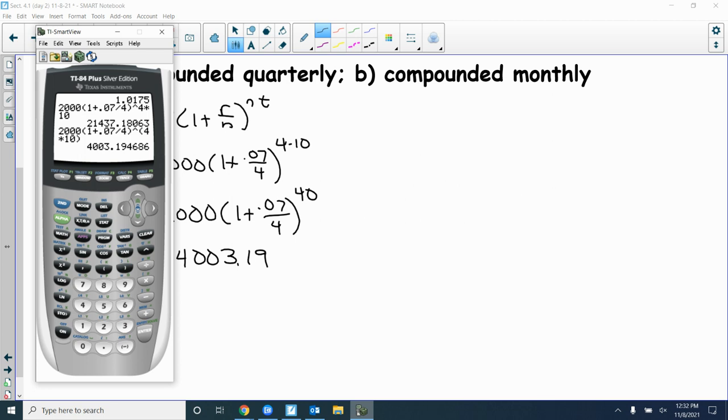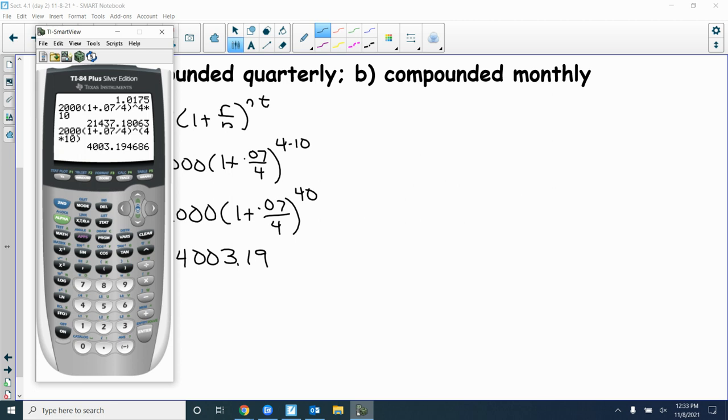So just be careful. All right, go ahead and figure out what compounded monthly is if you haven't already. To the nearest penny, compounded monthly, what do you got? Okay, just take the whole thing in, just as it is.